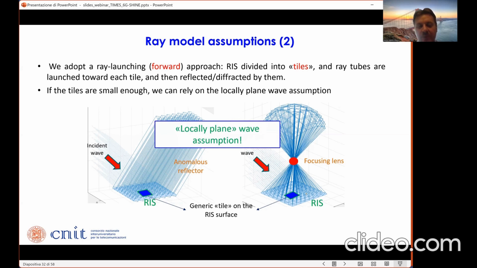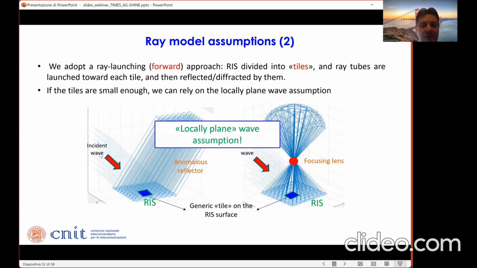And one more thing I want to highlight is that this point of view is suitable for a forward ray model approach. So it's basically suitable for a ray launching approach.